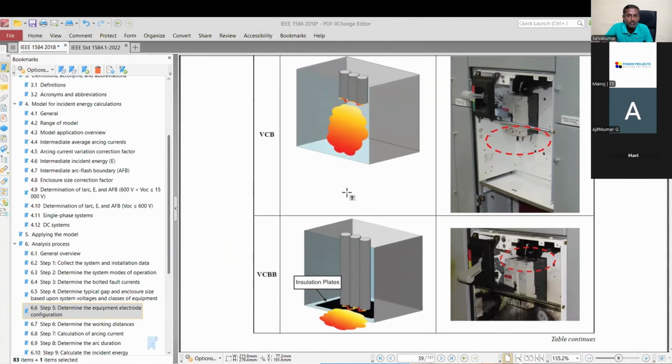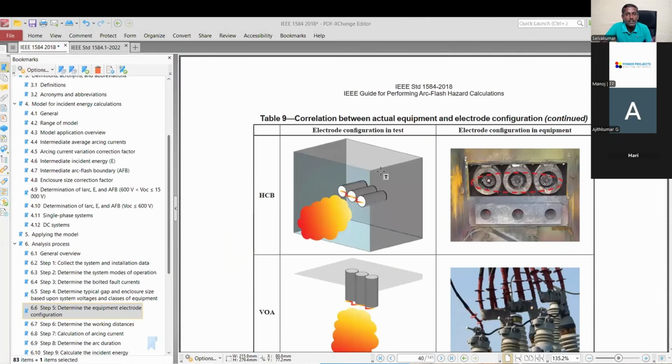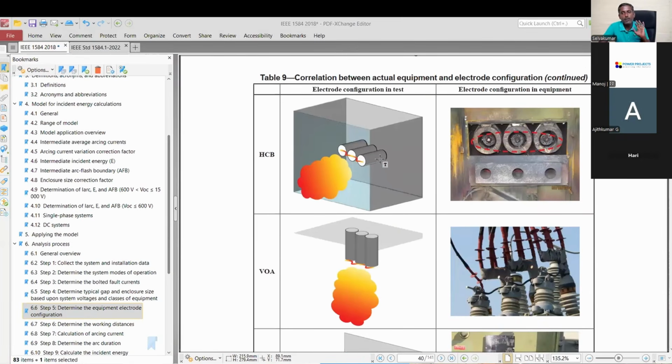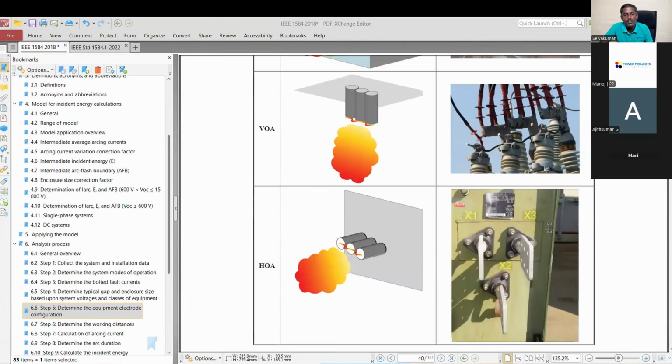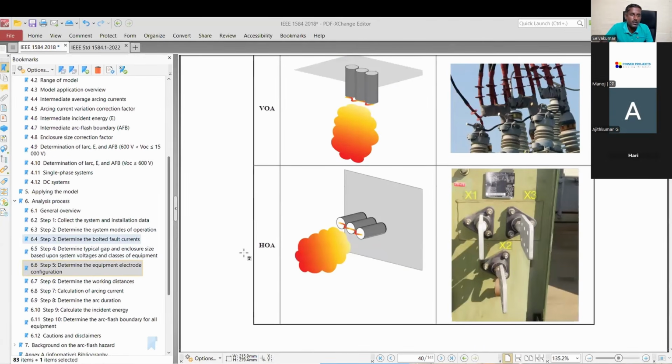So here you can see vertical conductor, here vertical conductor with a barrier. Horizontal conductor, obviously incident energy can be more because it is coming directly at the front. Vertical open air and horizontal open air. So you have to find out the electrode configurations.